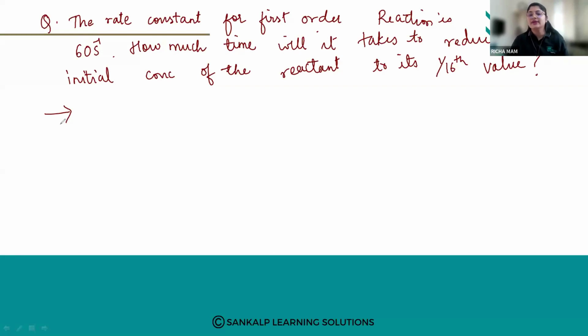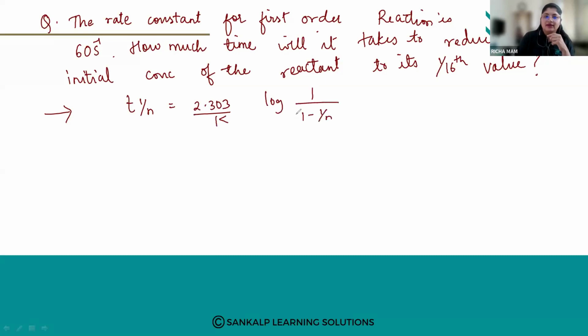Okay, so this is with respect to the nth term. How is t of 1/n given? t of 1/n is equal to 2.303 by k log of 1 by (1 minus 1/n). So this is with respect to the nth term. Here the nth term is 16, so we have to find t of 1/16.